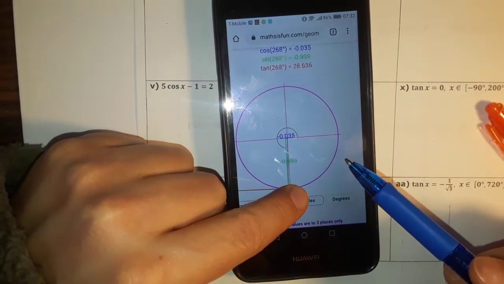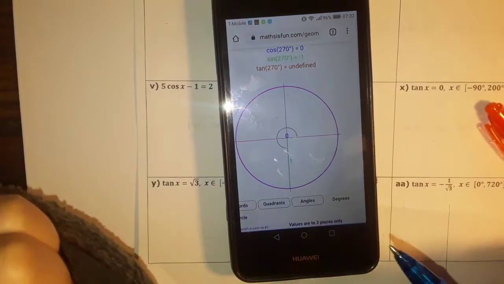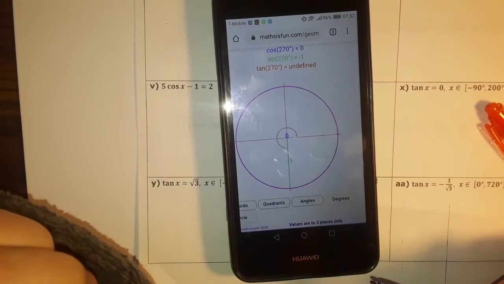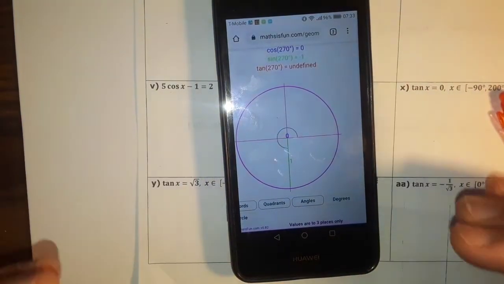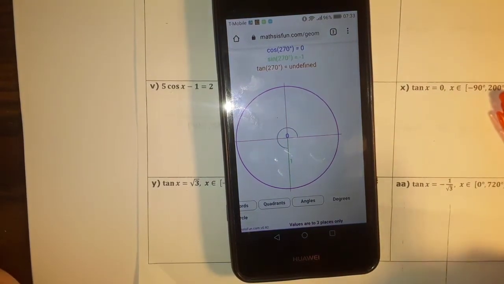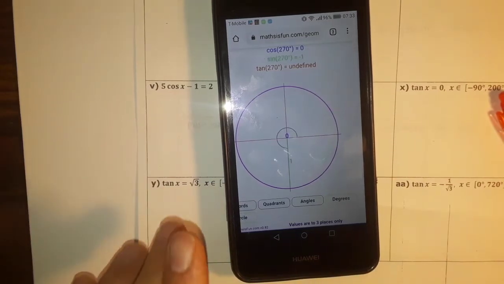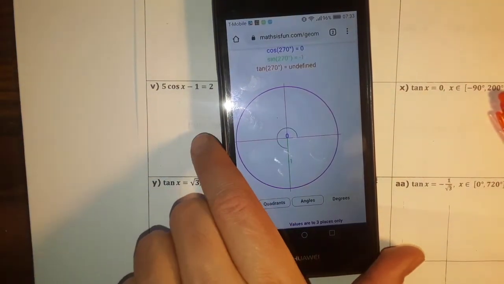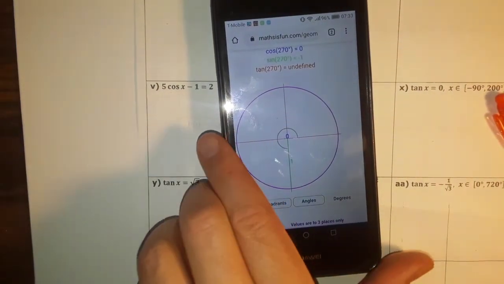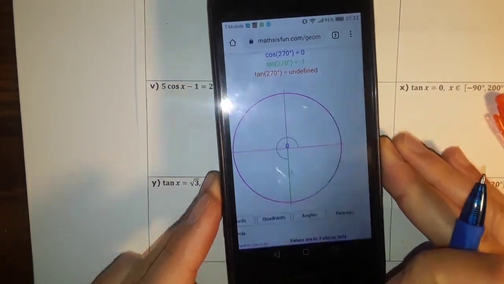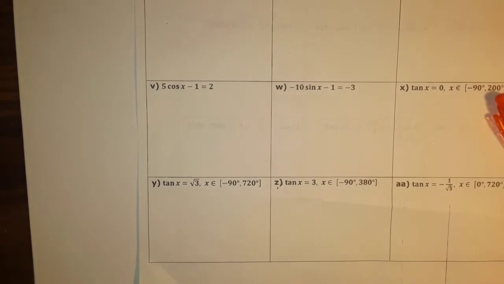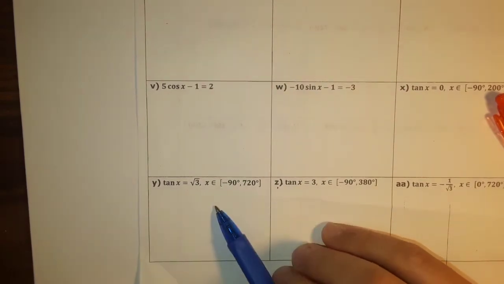The same thing happens for 270. It's also undefined. So these are the things you have to watch out for when solving tangent equations. Besides those discontinuity points, it just repeats every pi, or every 180 if we're talking about degrees.